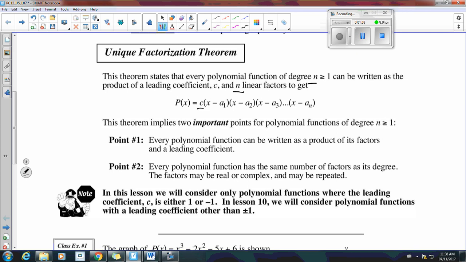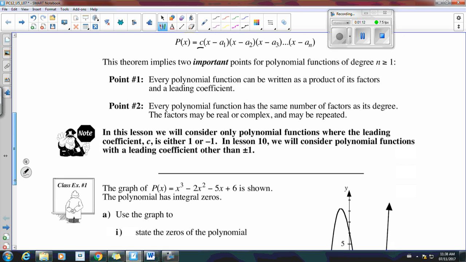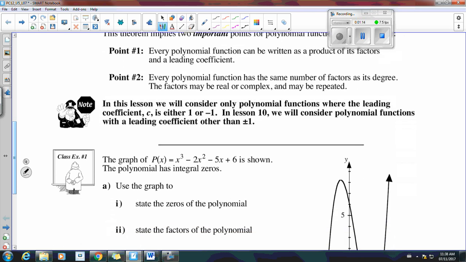Point 2, every polynomial function has the same number of factors as its degree. The factors may be real or complex and may be repeated. In this lesson, we will consider only polynomial functions where the leading coefficient c is either 1 or -1. In lesson 10, we will consider polynomial functions with leading coefficient other than plus or minus 1.